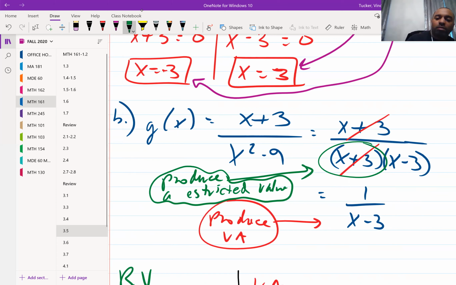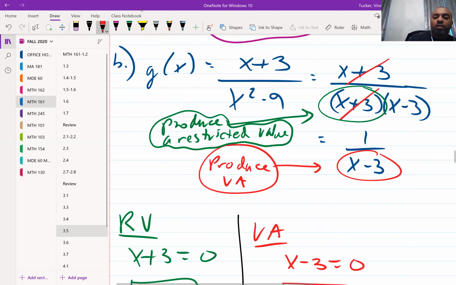After you cancel, the x minus 3 remaining produces your vertical asymptote. But we cannot forget what was in the original problem, which is x plus 3. This x plus 3 will produce a restricted value, so that wouldn't be a vertical asymptote.